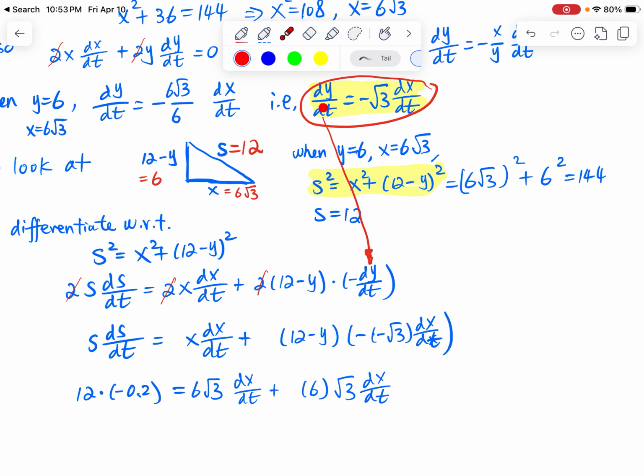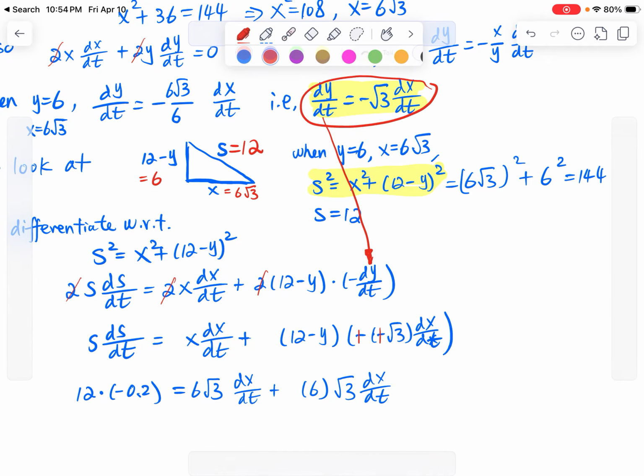That's why we have to substitute this dy/dt, rewrite it in terms of dx/dt, so that the unknown is only one, then we can solve it. So when you plug in negative root 3 dx/dt, there's a negative sign, therefore these two become a positive sign, right? So we don't need to worry about the sign anymore, it's going to be positive.